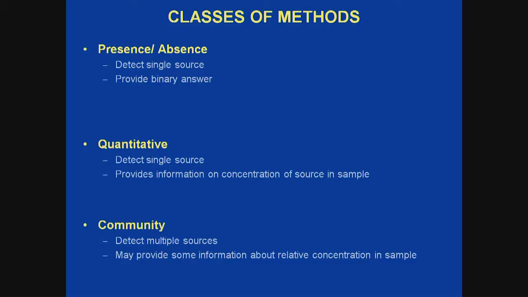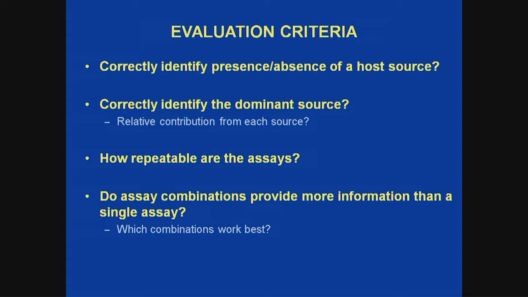Okay, so I had three classes of methods. We had presence-absence methods. We had quantitative methods. Some of them detected a single source. Some of them were more community-type methods that could provide information on more than a single source. And we evaluated on these criteria. So could they identify the presence or absence of a host source in a sample? Could they identify the dominant source?